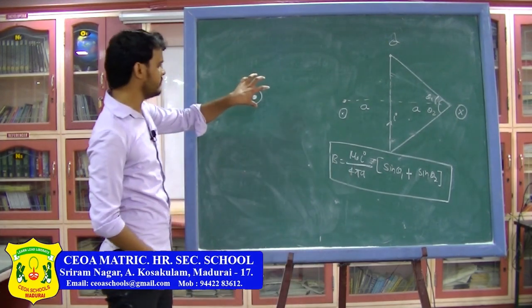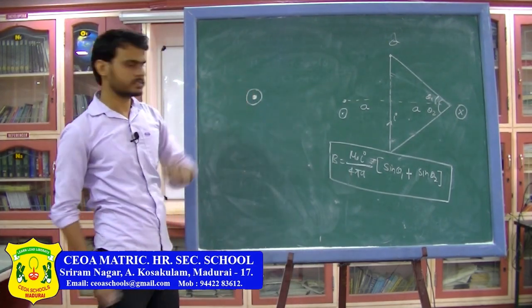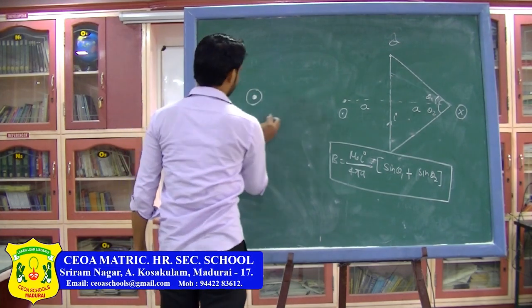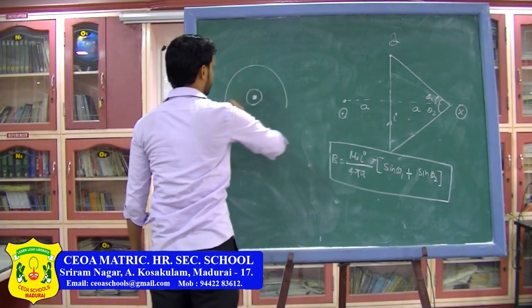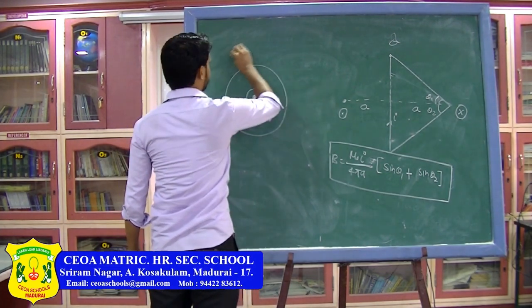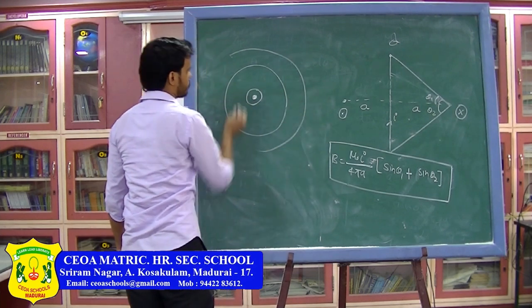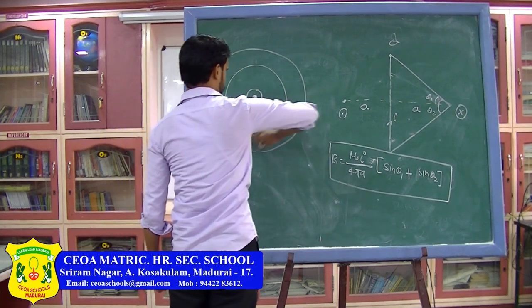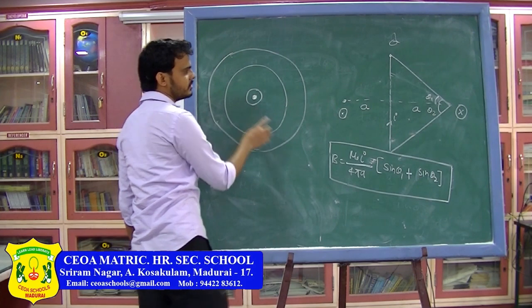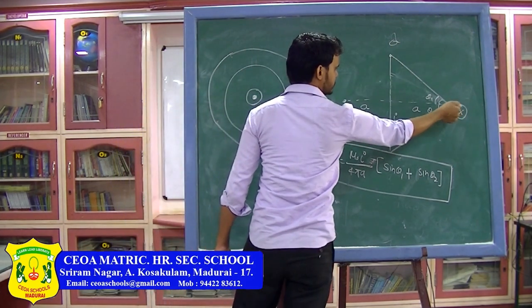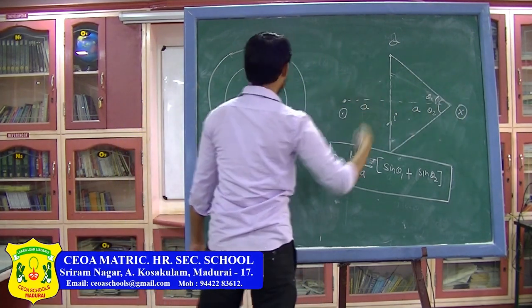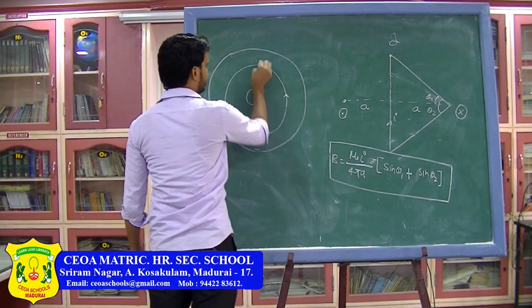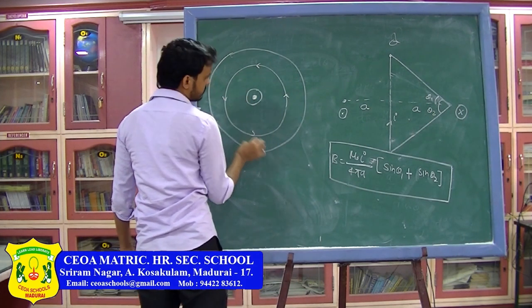So, we are seeing the wire from here and the current is coming outwards. Now, you can see the magnetic field will make a circular pattern around the wire. If you see from the top, the current is going inwards, and you will see that the magnetic field will be like this.